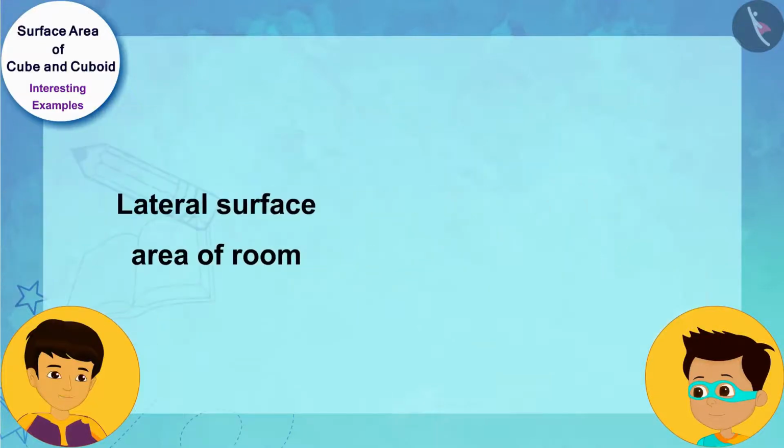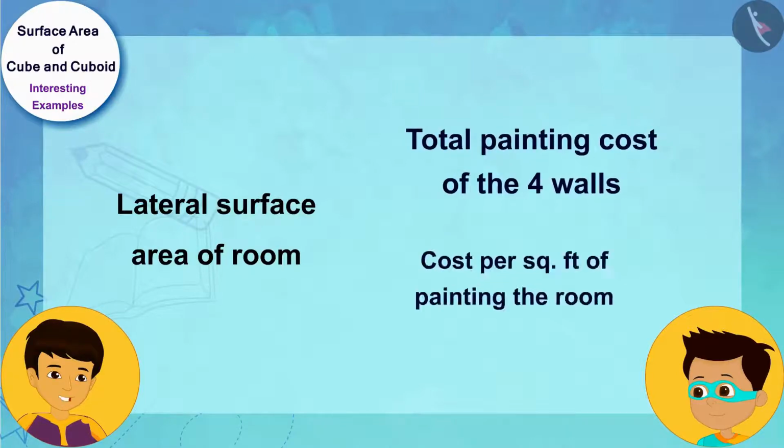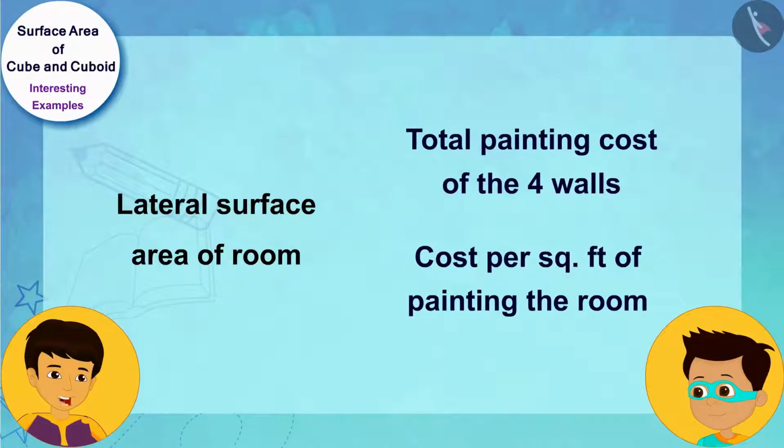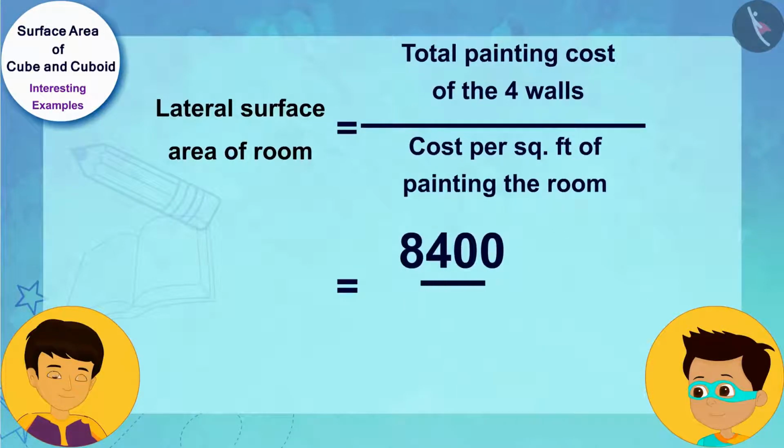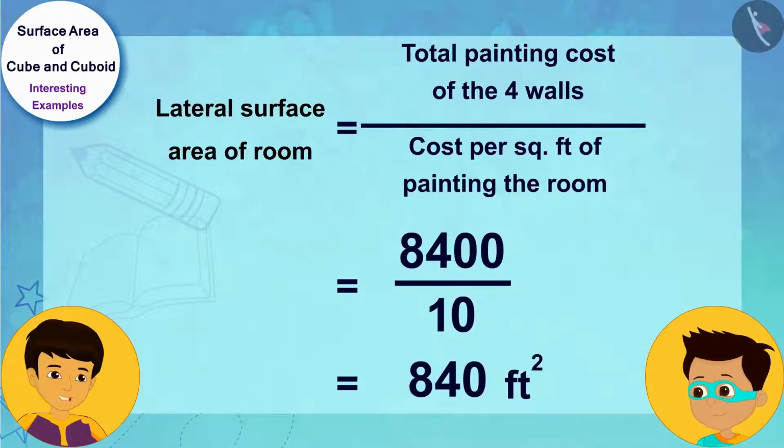To find the lateral surface area of a room, we only have to divide this cost by the rate per square foot that you paid for the color. Therefore, the lateral surface area of this room is 8,400 divided by 10, or 840 square feet.